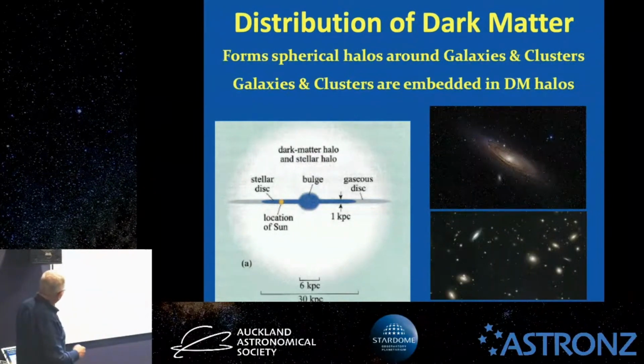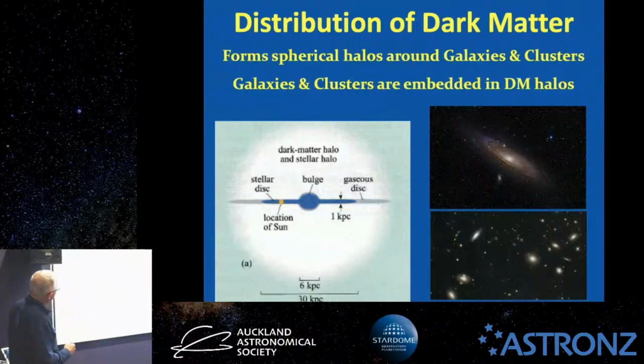So round galaxies, you get this big spherical halo of dark matter, and the same for galaxy clusters. So here's a galaxy. You can't see it, but there'll be a massive halo of dark matter right around it. And here is a nice galaxy cluster, multiple galaxies, all gravitationally bound together in motion, and there'll be a huge halo of dark matter around that cluster.